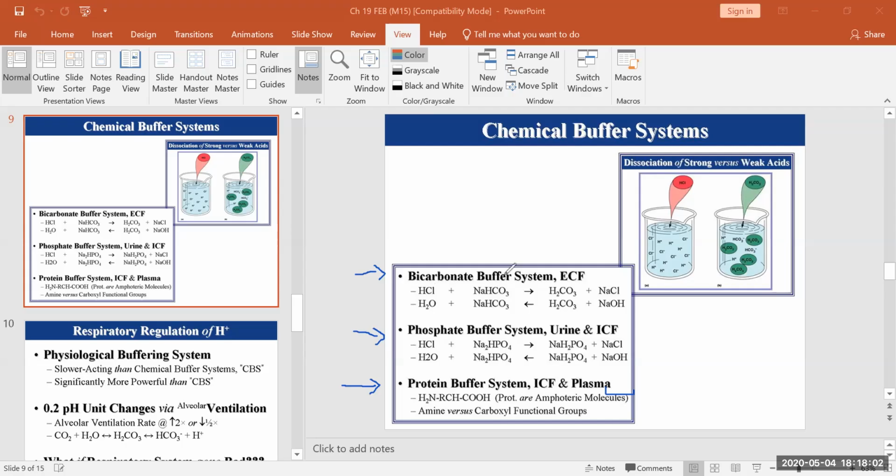Bicarbonate is the main buffer system for extracellular fluid. That fluid is outside of your cells and outside of vessels, right? I take that back. Extracellular fluid means only the fluid outside your cells.